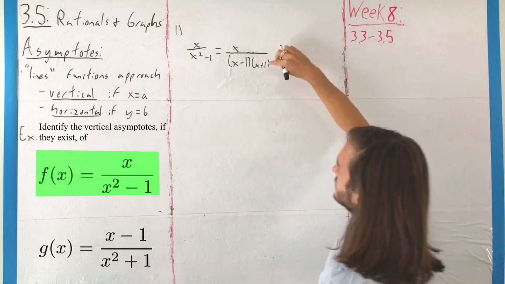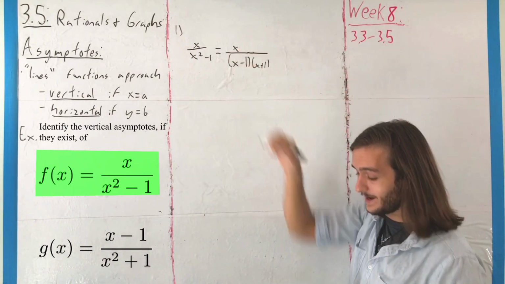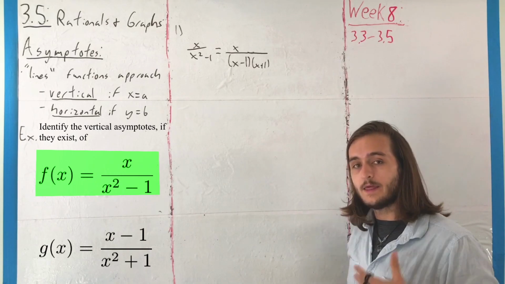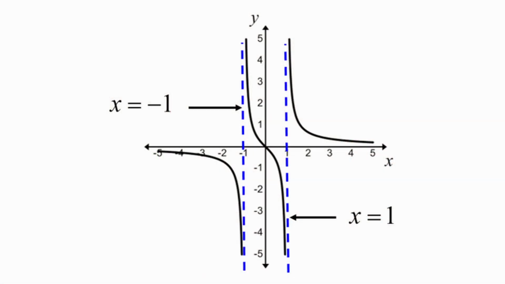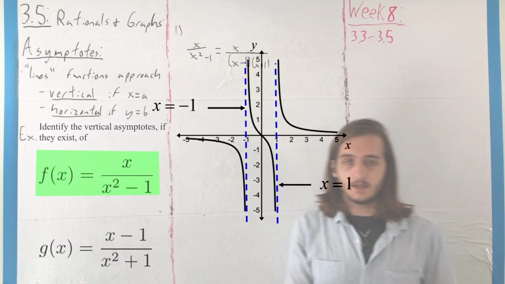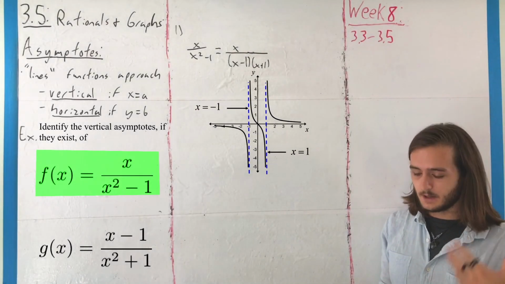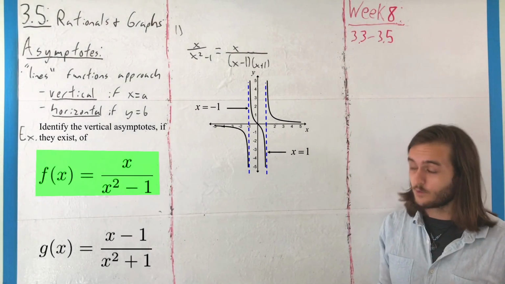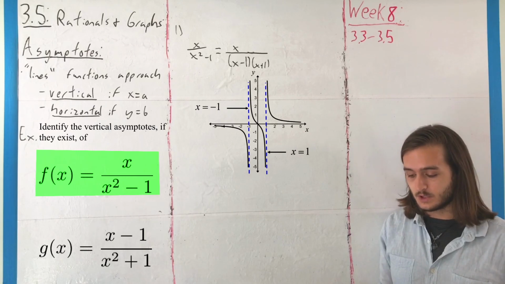Because neither of these factors is also a factor in the numerator, that indicates we will have vertical asymptotes at both x equals negative 1 and x equals positive 1, which could be graphed like so. That's how we'd be able to recognize those locations.